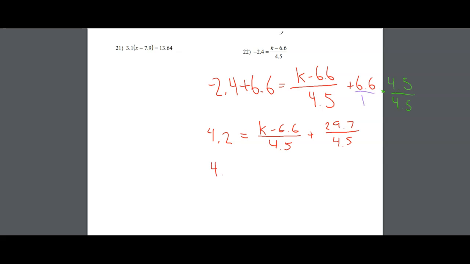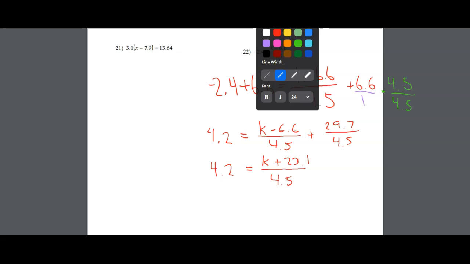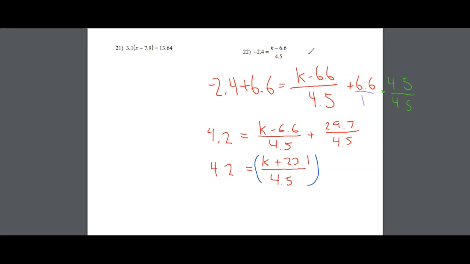I can now combine my two numerators. The k is going to stay the same because we can't add numbers to k, they're not like terms. And then negative 6.6 plus 29.7 gives us positive 23.1. Now we're at the point where we could multiply both sides by 4.5.